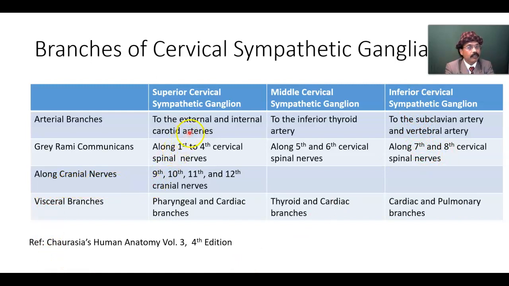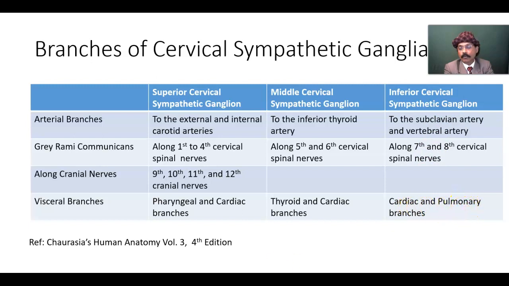The superior cervical sympathetic ganglion fibers also follow the cranial nerves, 9th, 10th, 11th, and 12th. Visceral branches, it supplies the pharynx and the cardiac branches. Thyroid and cardiac branches go through the middle cervical sympathetic ganglion and inferior cervical sympathetic ganglion, along with the stellate ganglion, and go to the heart and the lung.